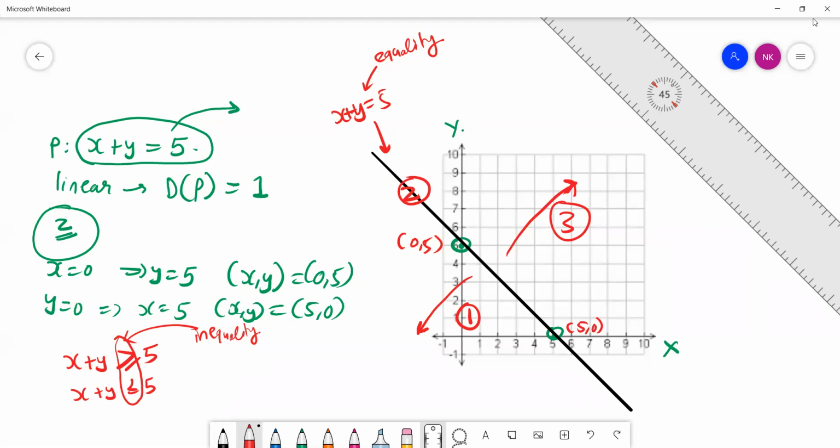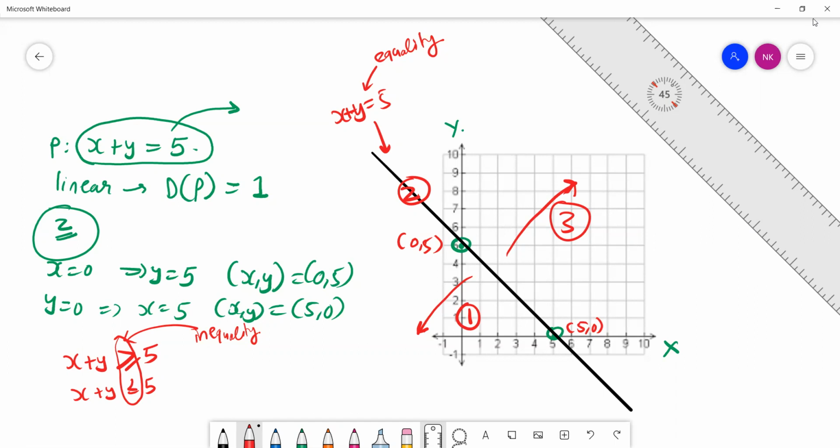I am excluding the points on the line from either region 1 or region 3, but I am giving it as a separate region, region number 2.